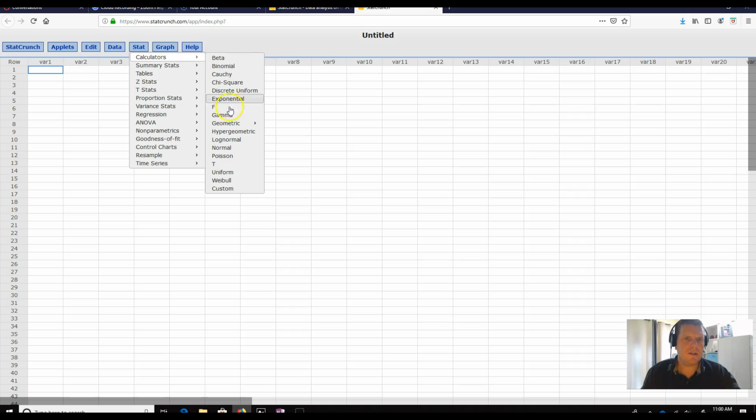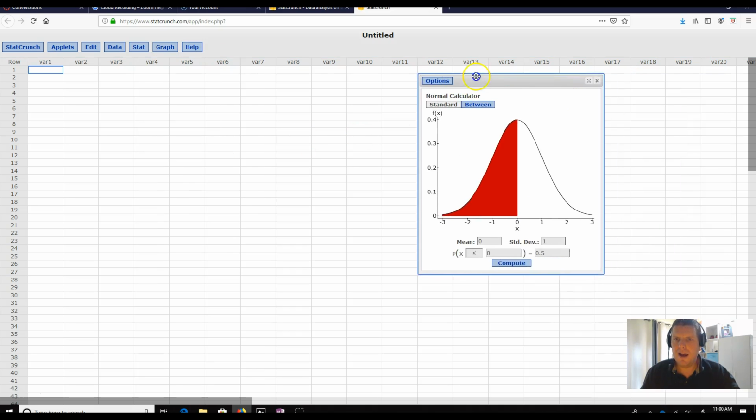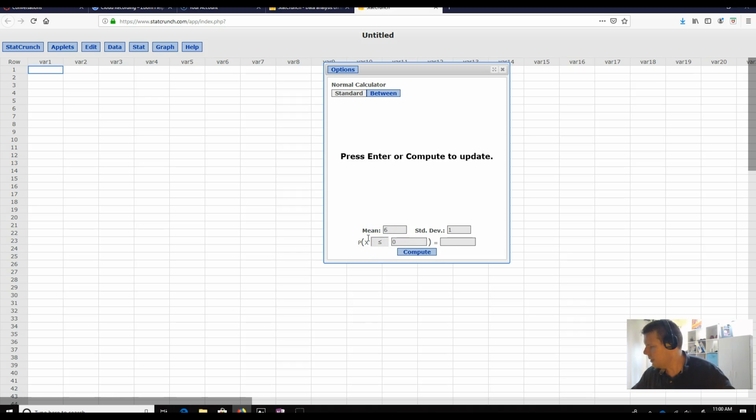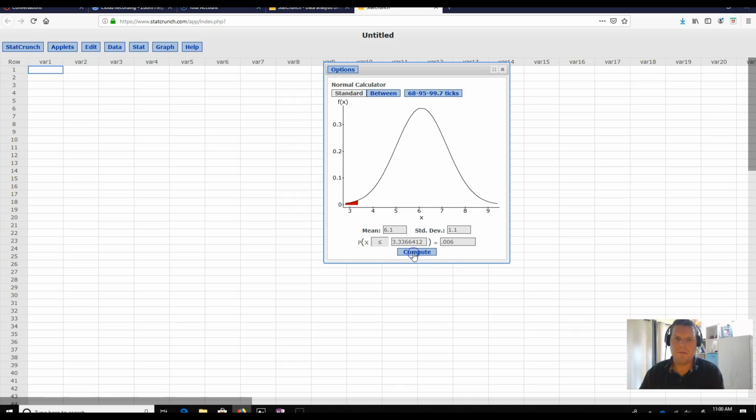Now we've got probability, and notice x is less than or equal to some value I don't know. First, I want to put in my mean. My mean is 6.1. And according to the problem, my standard deviation is 1.1. And the probability that x is less than or equal to some value is going to equal 0.006.